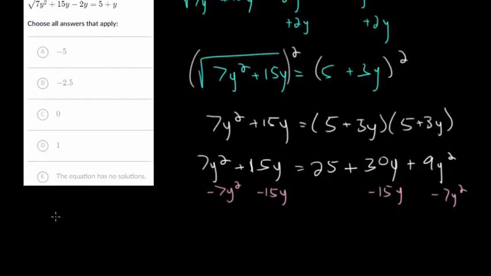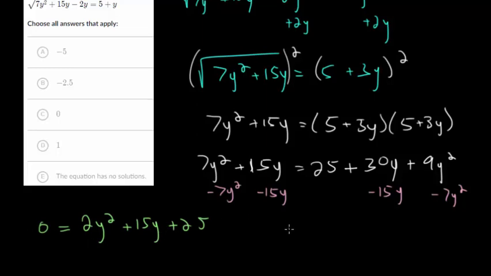We get 0 on the left. I'll write it over here. Let's change colors. So 0 is, let's write the y squared terms first. So 2y squared. And then 30y minus 15y, so plus 15y, and then we have plus 25. So writing it in standard form is usually just good practice.